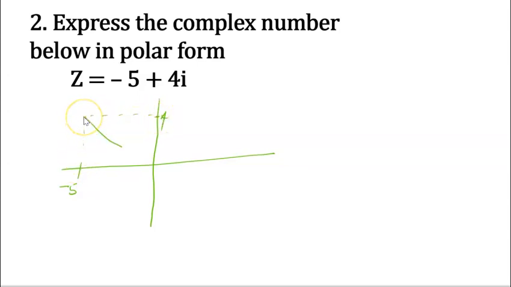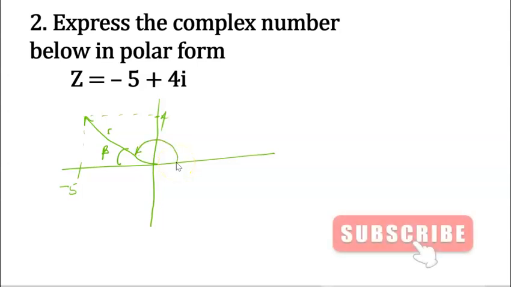Easily I can take this up this way and have this as my R. Let's label this beta, while here is going to be my theta. My theta is going to come from this way in an anti-clockwise direction.